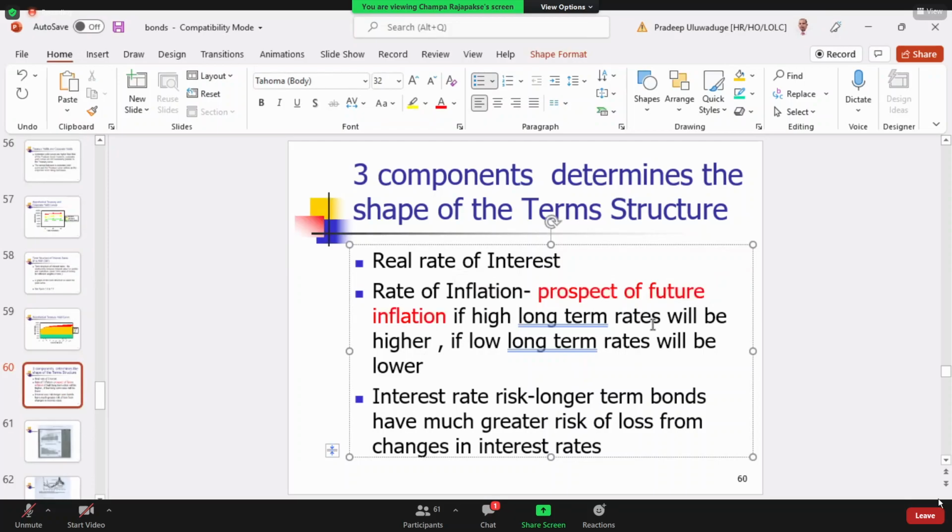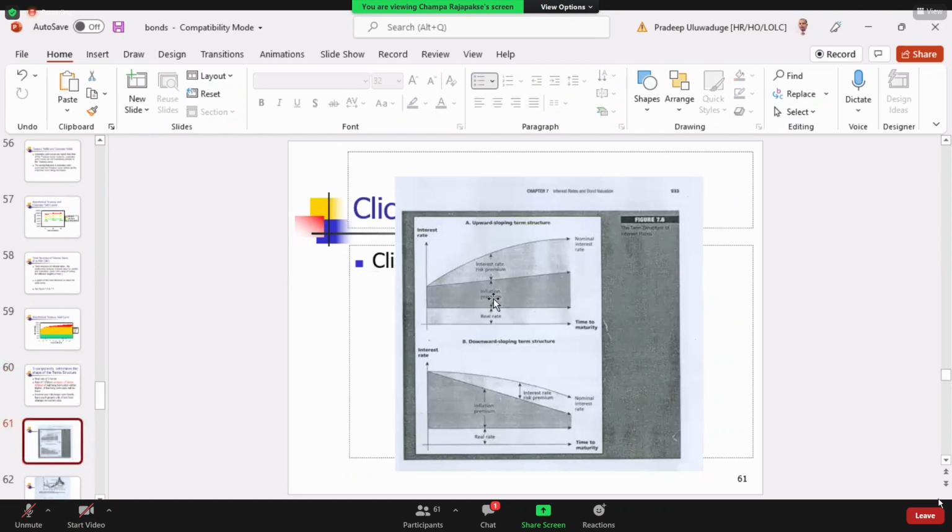If high, long-term rates will be higher. If low, long-term rates will be low. So here the future prospect is inflation high, so the curve is increasing. Here the future prospect is inflation low, so it's decreasing.